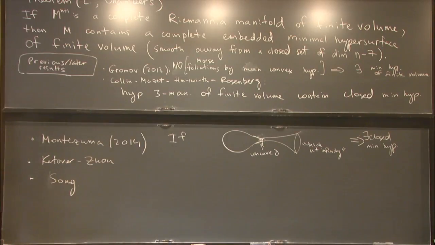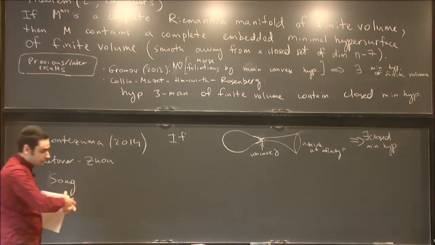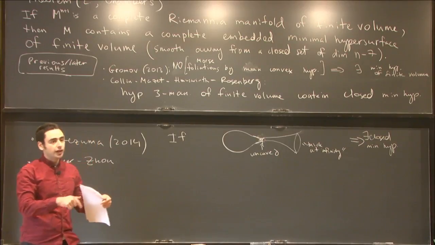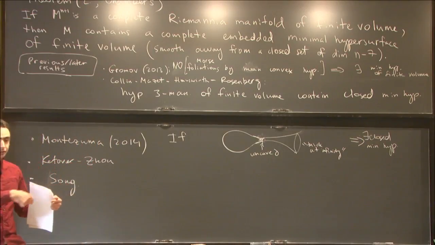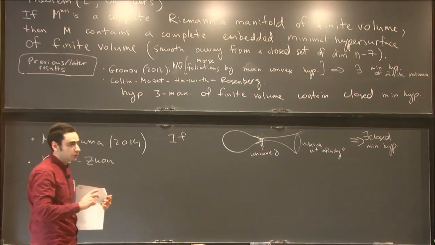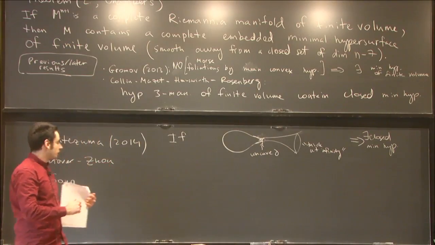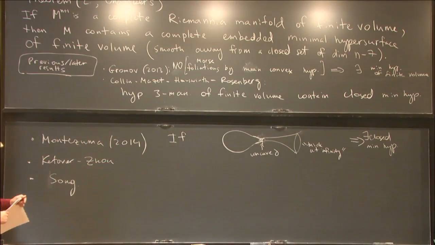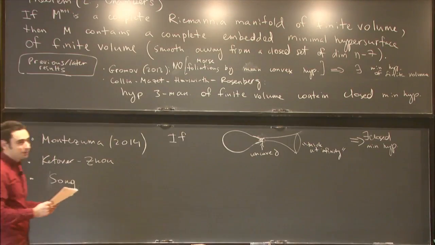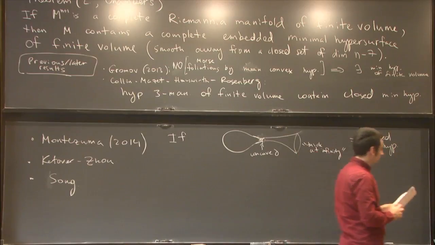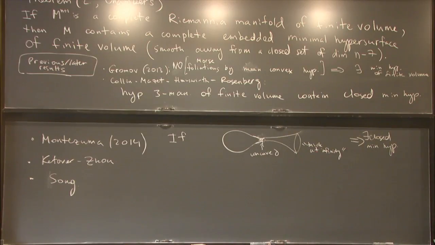But again, what he does is he cuts off certain pieces of the manifold and attaches cylindrical ends, and then he analyzes a non-compact manifold and constructs infinitely many minimal hypersurfaces in the non-compact manifold. So again, there's an important role of constructing minimal hypersurfaces in non-compact manifold in his work.